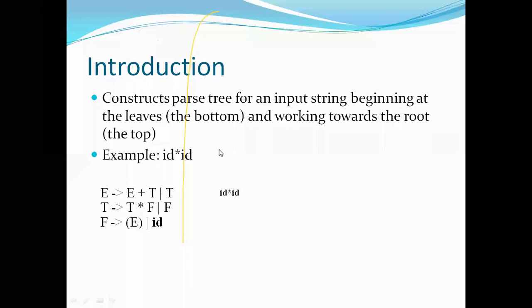Working towards the root means the starting symbol, which is at the top. So that is called bottom-up parsing: construct a parse tree for an input string beginning at the leaves and working towards the root.